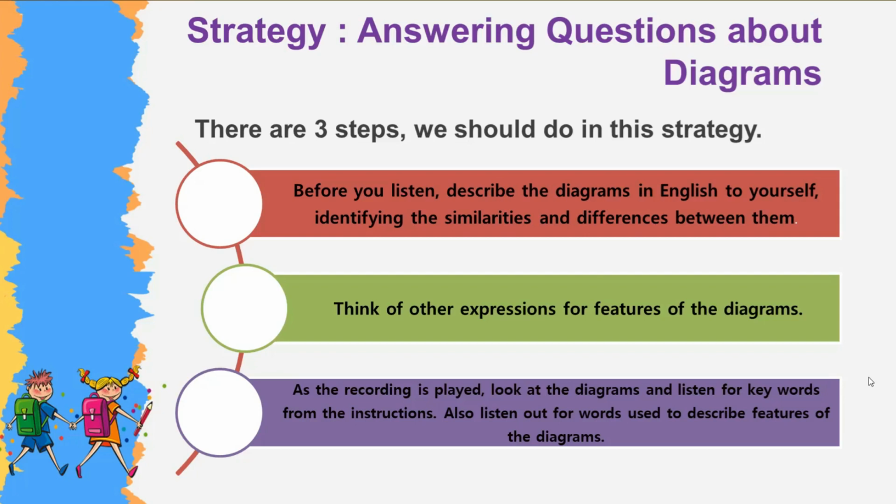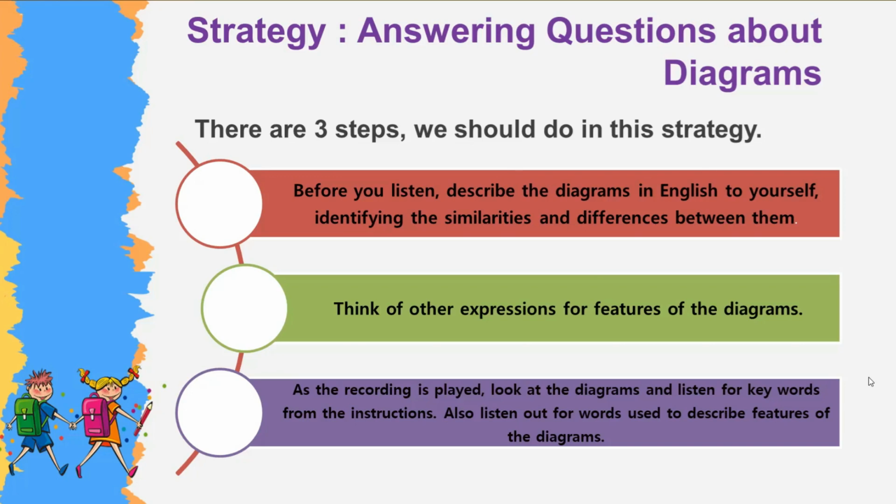Before you listen, of course, describe the diagram, because you have time to read the items of the test before you listen to the audio. So before you listen, describe the diagrams in English to yourself. You try to use your own English to identify the similarities and also the differences between the diagrams.